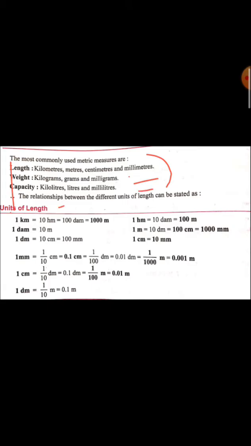And here are some important metric tables, the units of length. 1 kilometer is equal to 10 hectometer, and 1 kilometer is equal to how many decameter? 100. And how many meter? 1000 meter. You know very well how many meters there are in 1 kilometer: 1000 meter.